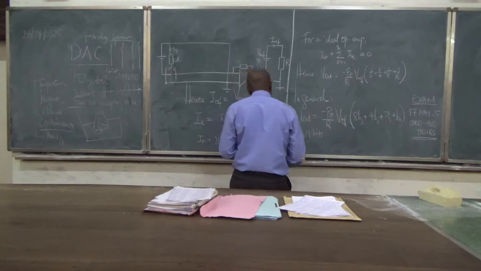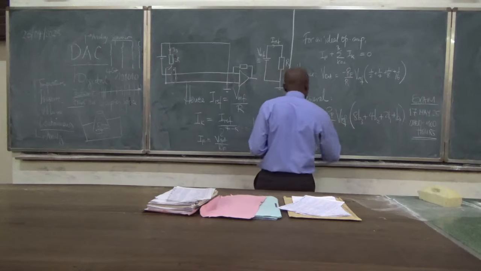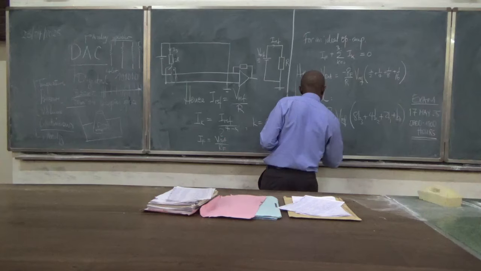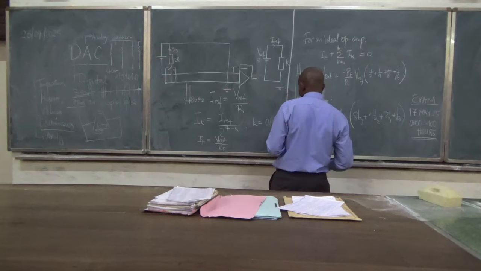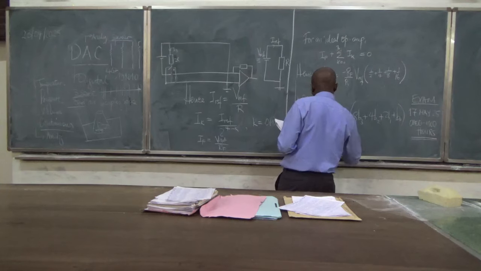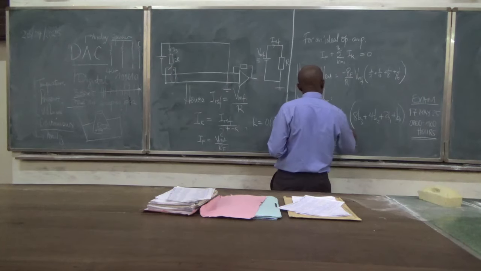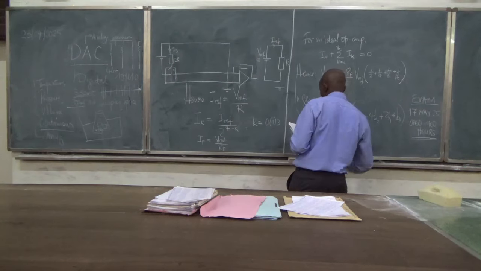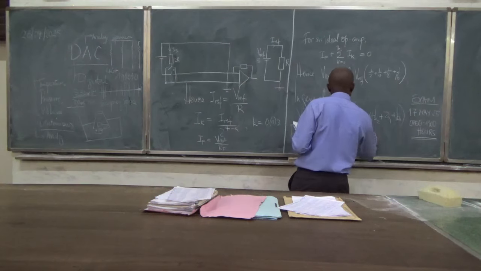Then we will have V out being the same as the full scale range over 2 to the power n, times our V ref, in the summation from I equal to 0 up to n minus 1, of 2 to the power I, then b, the bits, b out.